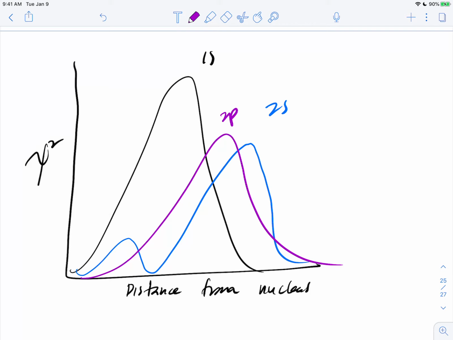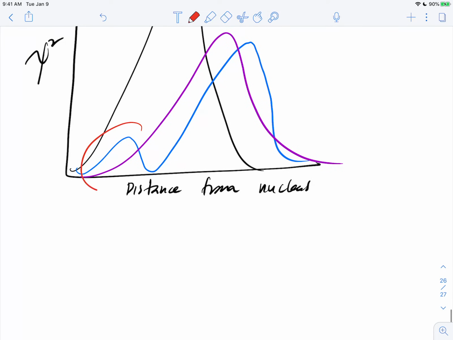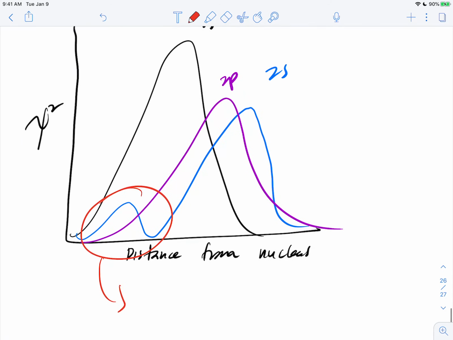We can see a couple things here. On average, the 2p looks to be closer to the nucleus. But we might not notice this little hump here.